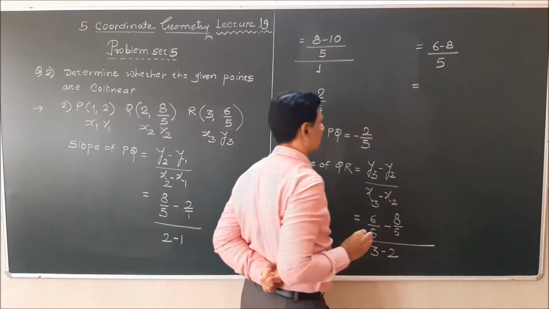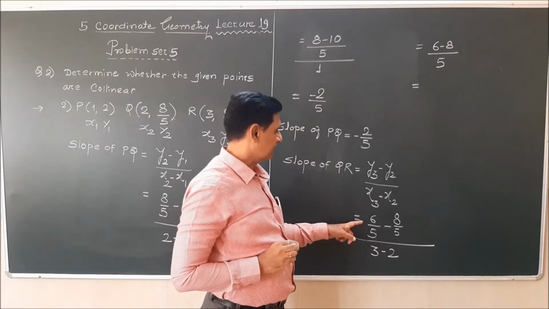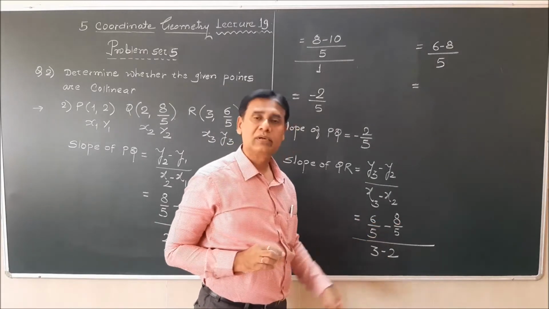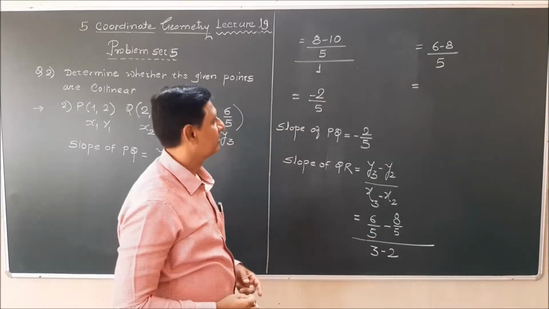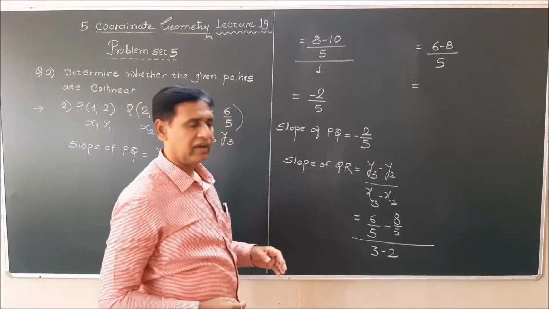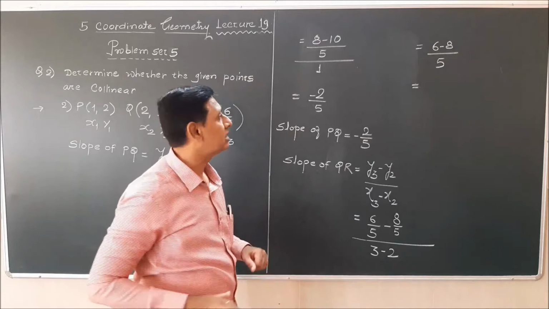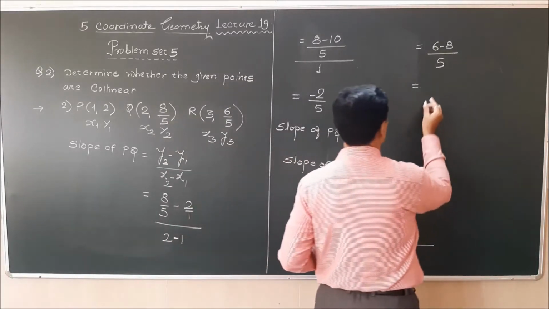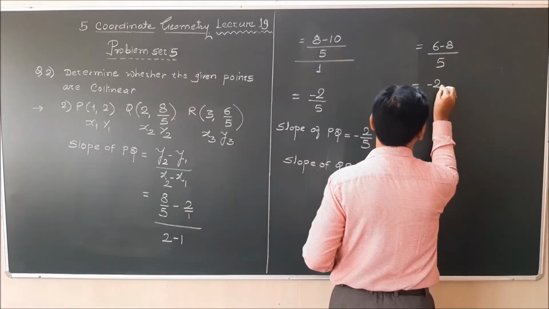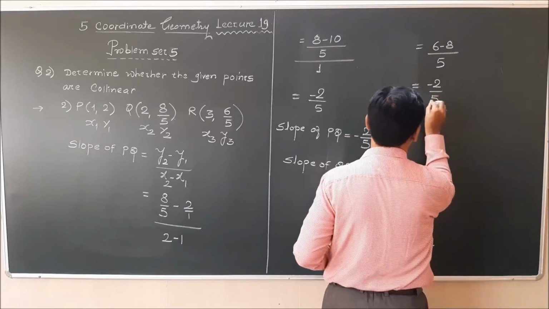That is equal to 6 minus 8, common denominator 5. So 6 minus 8 upon 5. 3 minus 2 is of course 1, so no need of writing that. So 6 minus 8 is of course minus 2 upon 5.